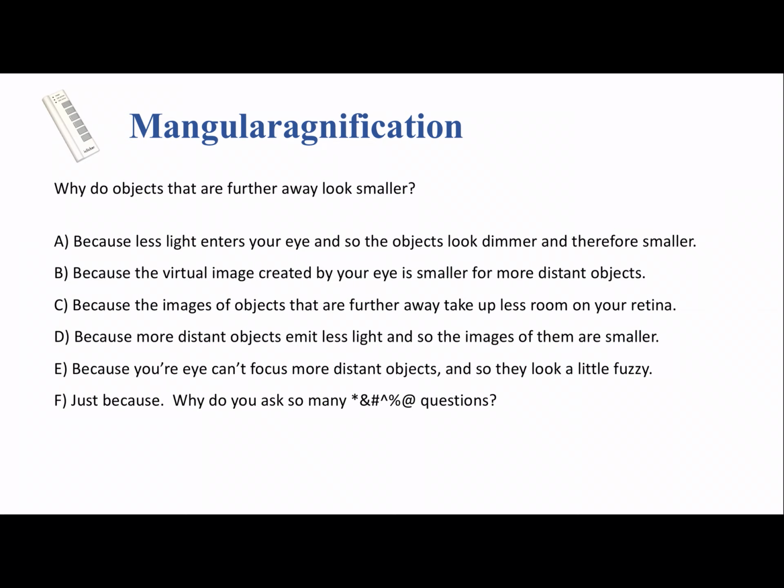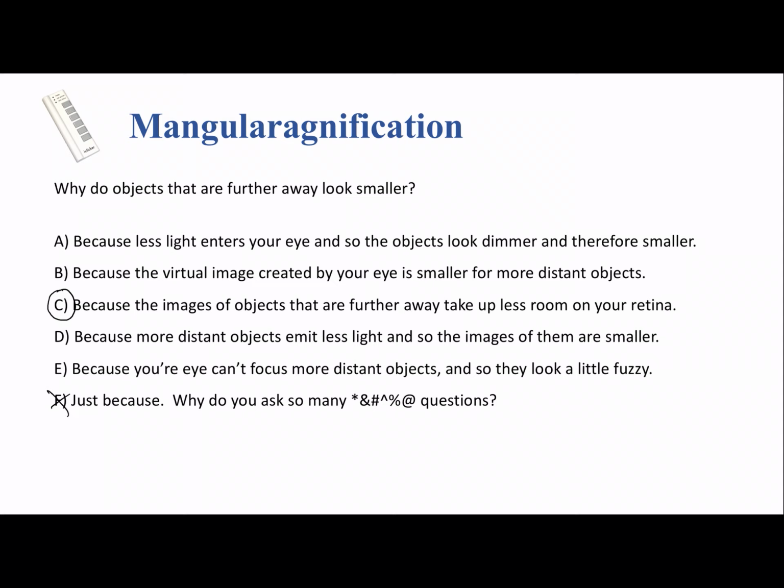So, obviously not F. That's not a good answer to the question. Turns out that it's all about the room that things take up on your retina. Your perception of size visually is how much real estate that object takes up when it's projected on your retina.